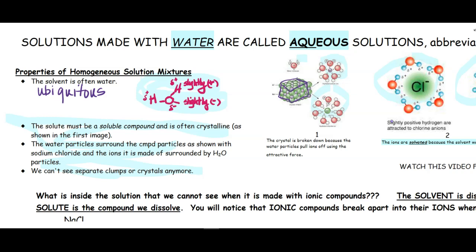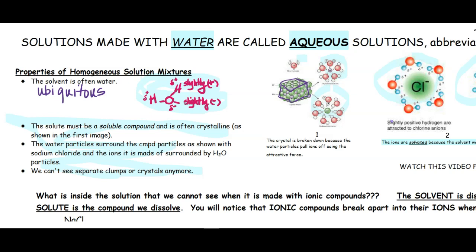These things all combine, and the crystal itself would have the shape that I draw, and you would see millions of these crystals under the microscope. I should say millions of particles in the crystals under the microscope, since particles are so small. The crystal is broken down in this case, and that's what we're going to look at when dissolving occurs.